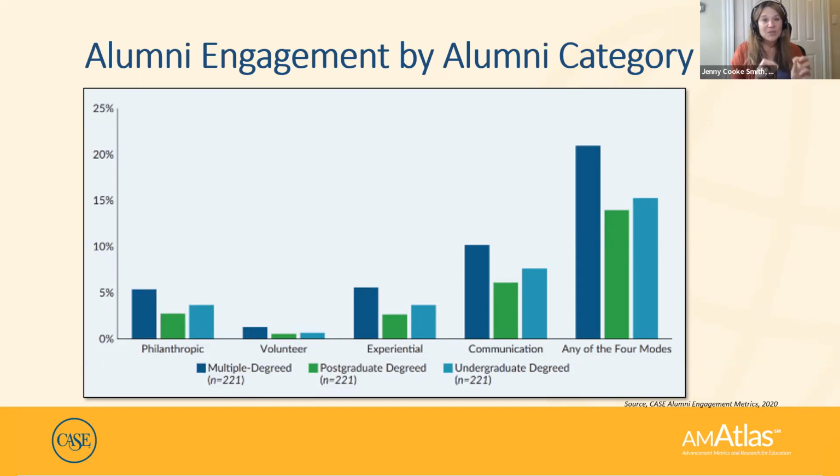And this is actually to your institution. If they got two degrees in different places, they wouldn't count as multiple degree. But if they got more than one degree at your institution, in general, they should be engaging at higher rates across all four modes. If they're not, boy, you've got some great opportunities for focusing on that segment.